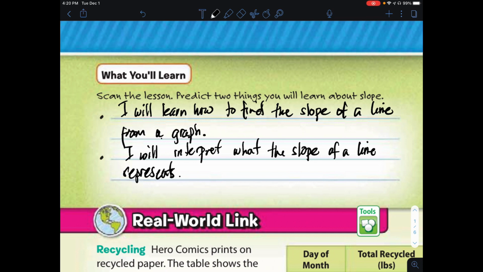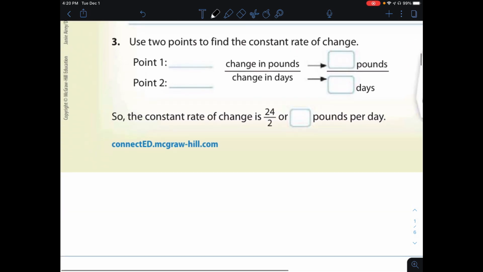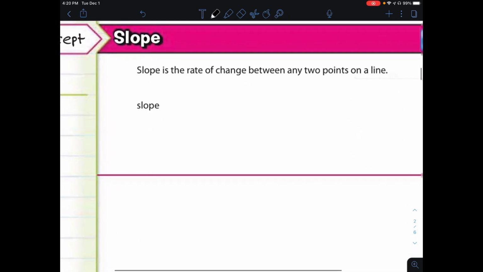Okay, so let's go right away to the key concept of this lesson. And the key concept talks about slope. Let's define what slope is. Slope is the rate of change between any 2 points on a line.